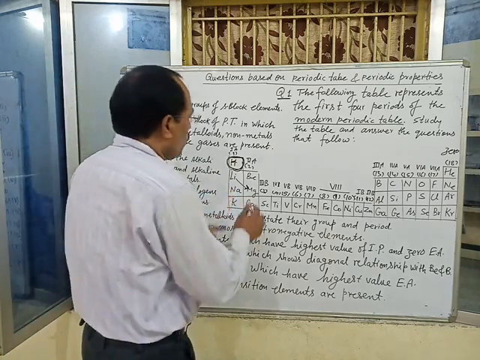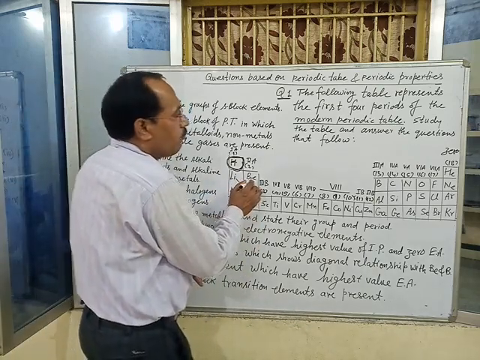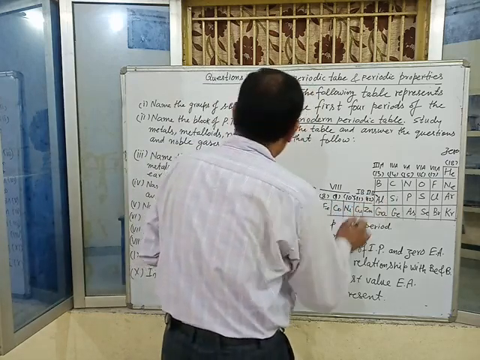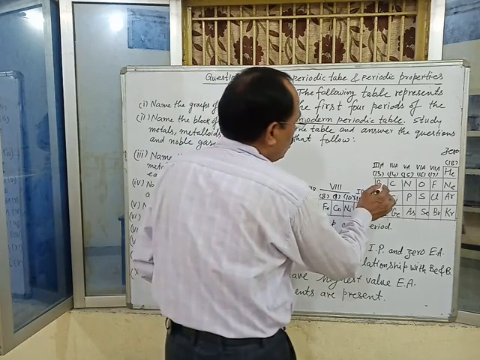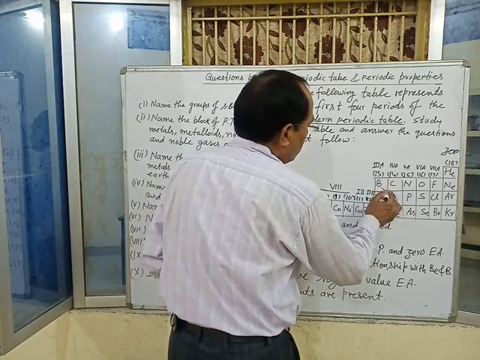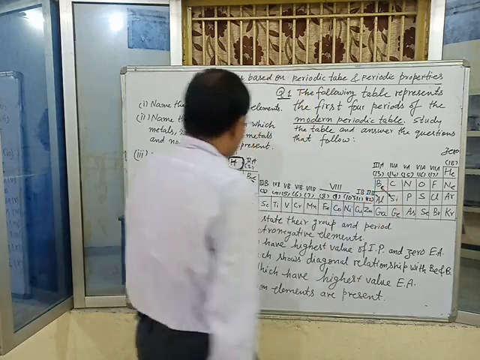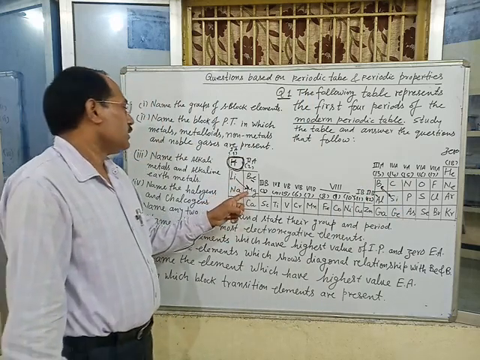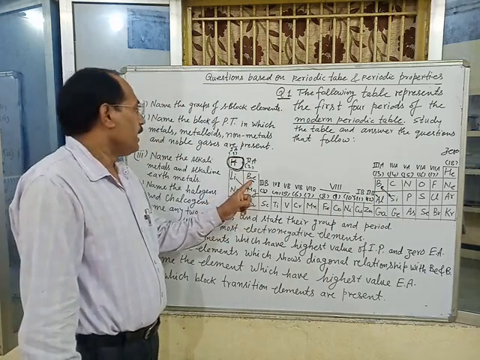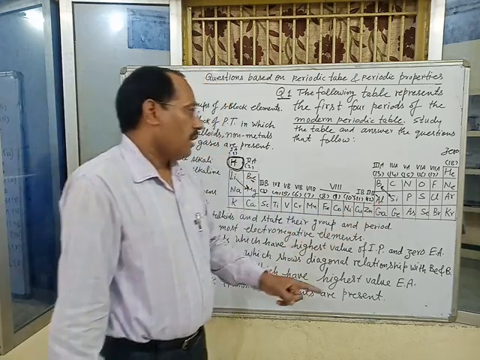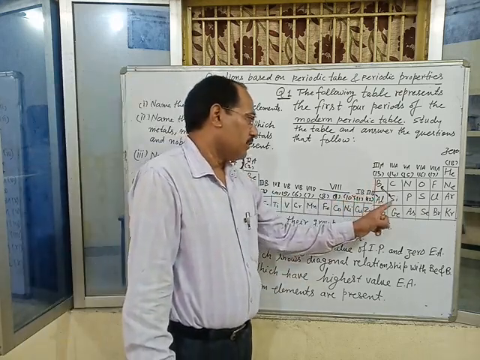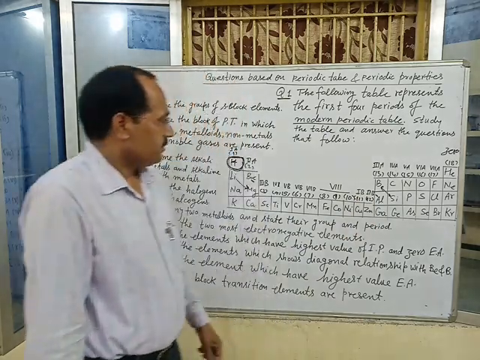A similar relationship is shown by beryllium with aluminium, and boron shows diagonal relationship with silicon. Lithium with magnesium, beryllium with aluminium, and boron with silicon.